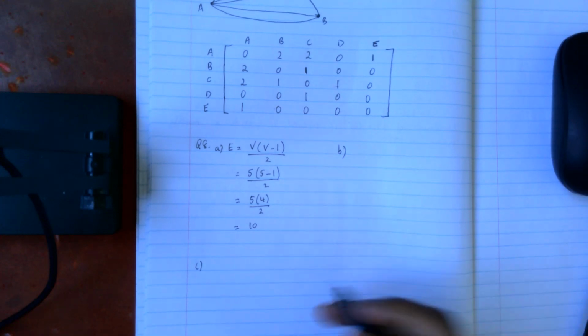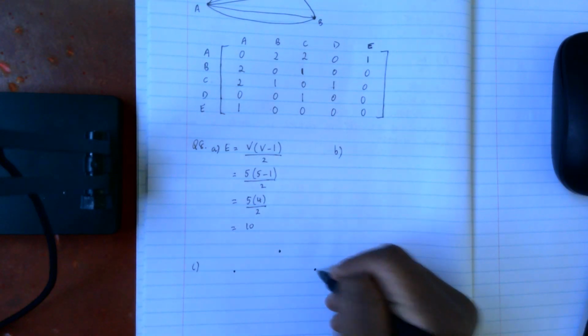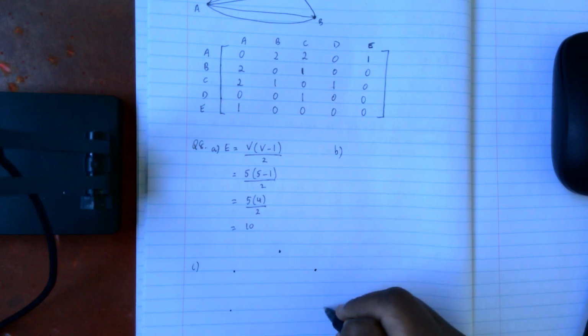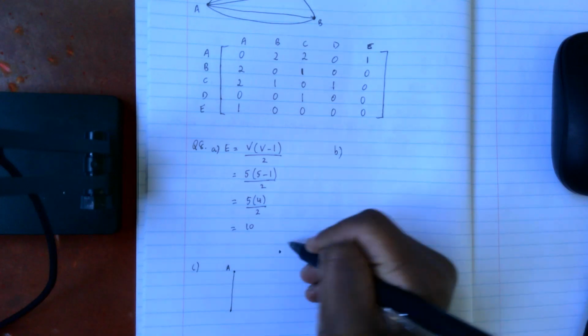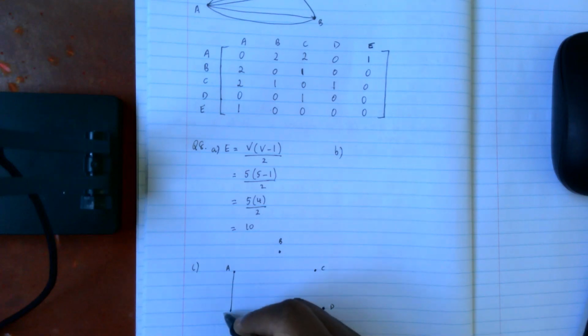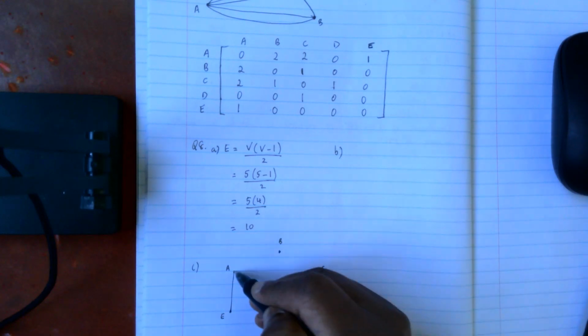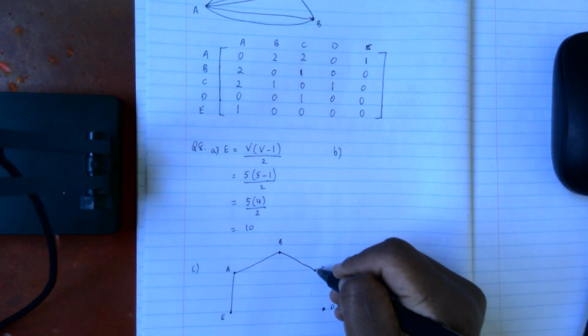So, I needed 5 vertices. Naturally, I went to a pentagon shape. If I call that A, B, C, D, and E, I placed my edges in a pentagon shape.